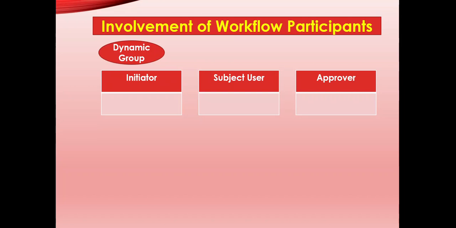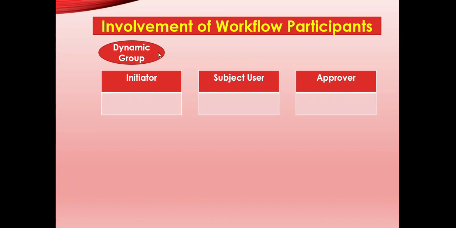And approver obviously means that after the workflow is initiated, it reaches some person or group of persons who will take the decision whether the workflow should be approved, rejected, or sent back. Those persons are called the approvers.